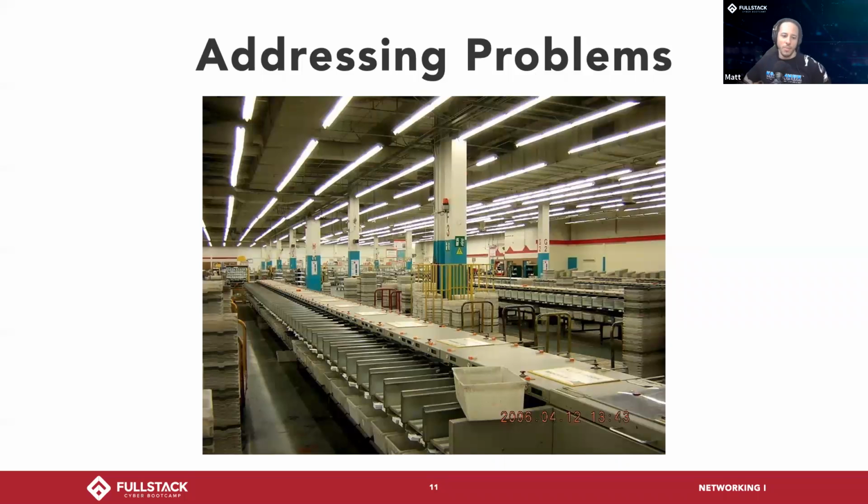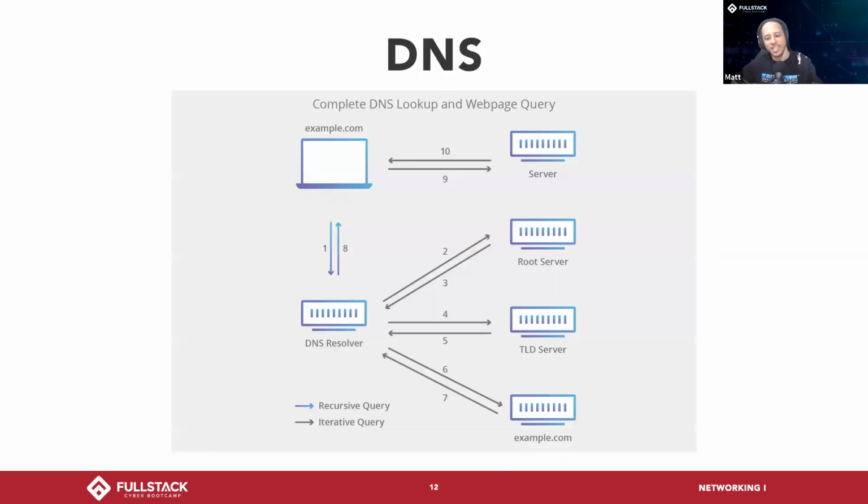So imagine this whole packaging center. How is everything going to know where it needs to go? And so we've got this great system and a relatively complicated looking image, but let's talk our way through it, and I think it'll be a bit more simple.